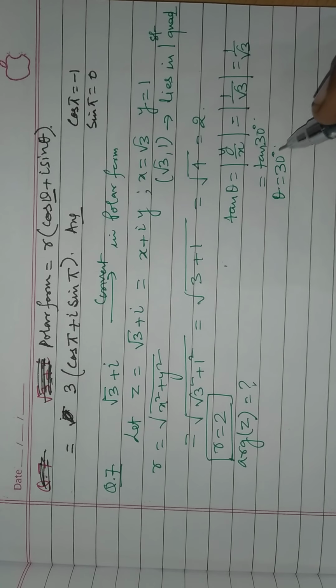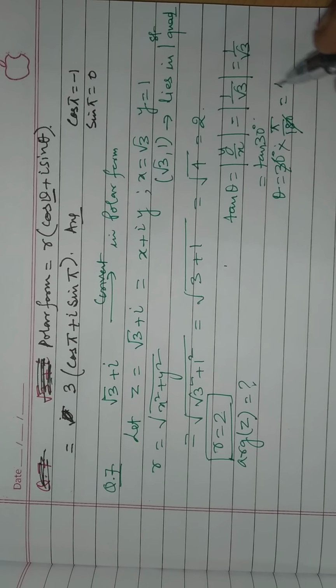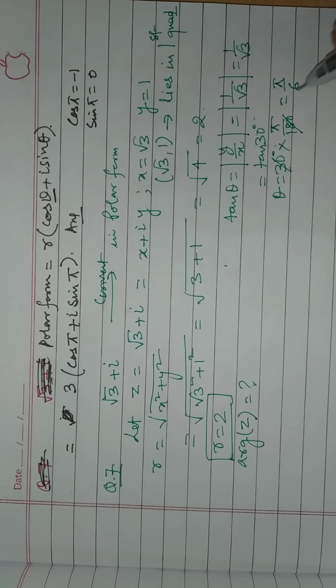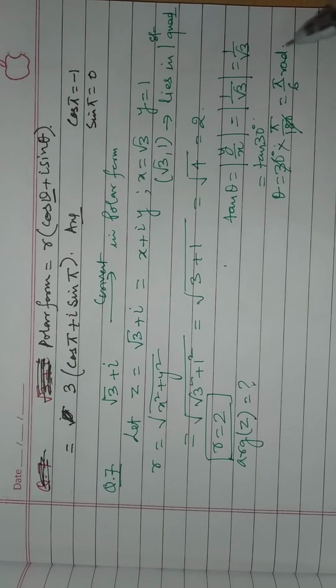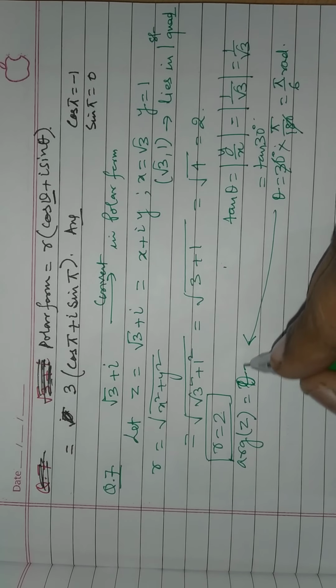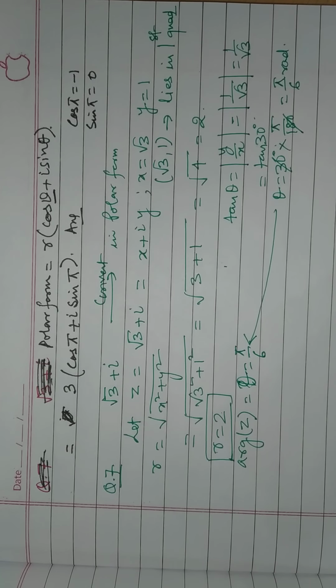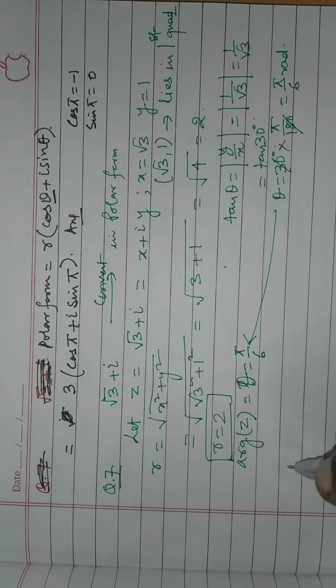So here 30 degree into pi by 180, so directly you can also write pi by 6 radian. So theta is equal to pi by 6, and pi by 6 is the argument of the complex number.